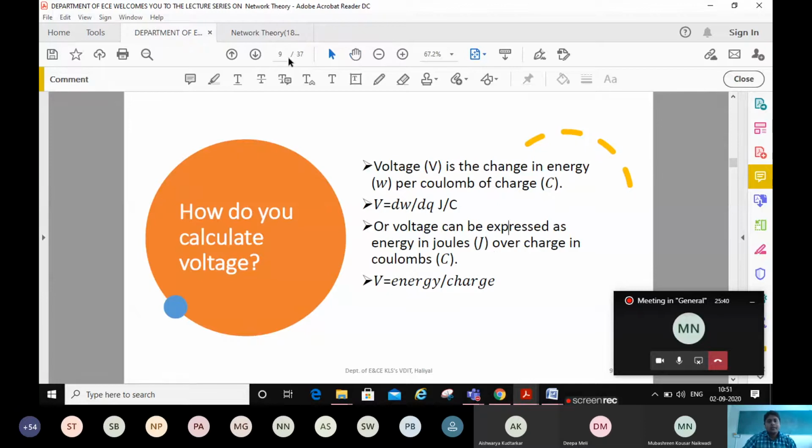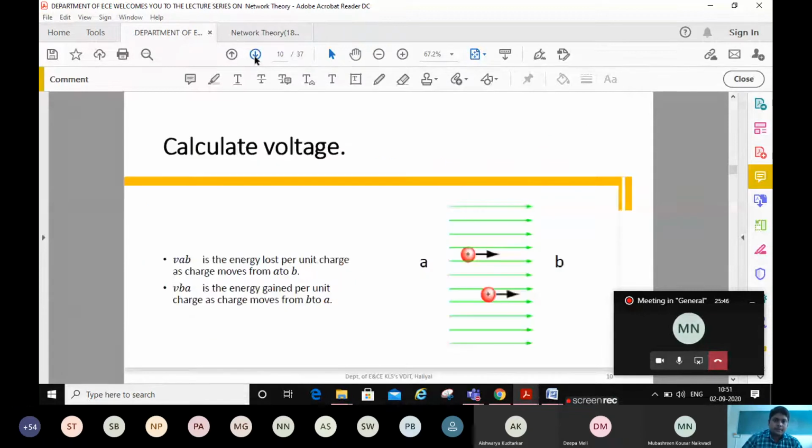Okay, depending on that, we can have a very small quiz here. Now, if you have a scenario with two points A and B, and you want to measure the voltage across points A and B, with point A here and point B here, what is the voltage?